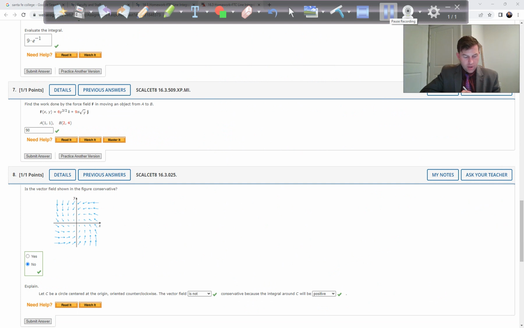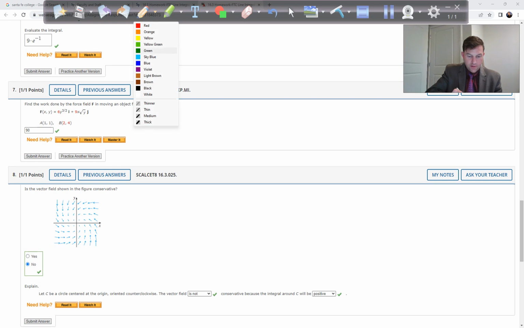Okay, for problem 8, it gives us a vector field and asks, is the vector field shown in the figure conservative? It says let C be a circle centered at the origin, oriented counterclockwise.